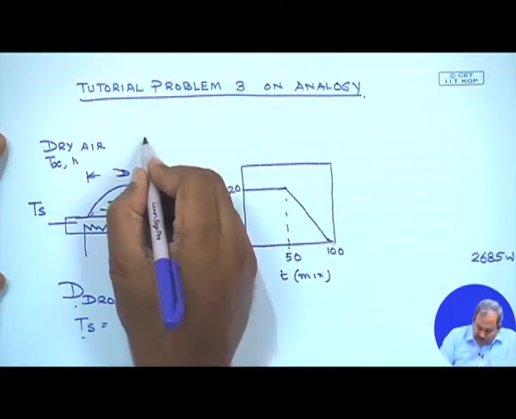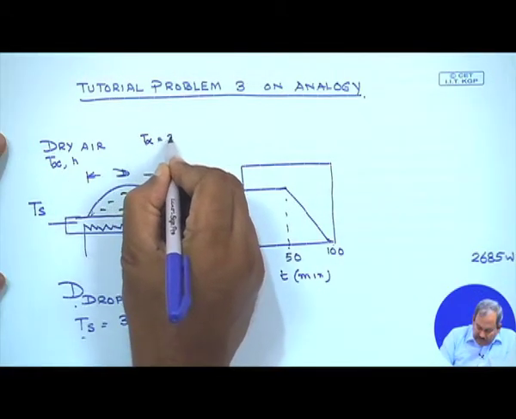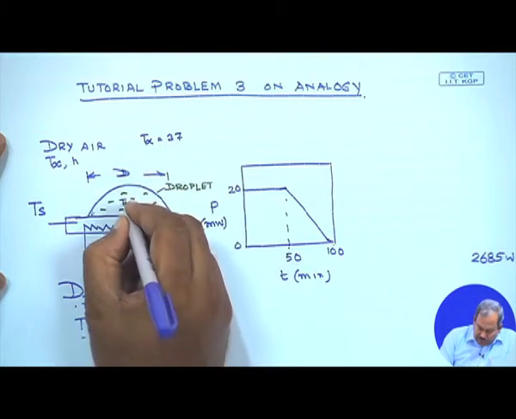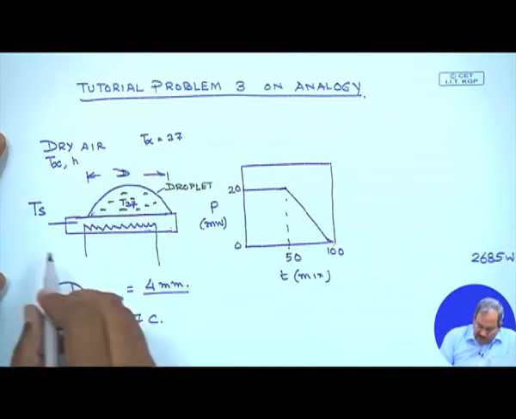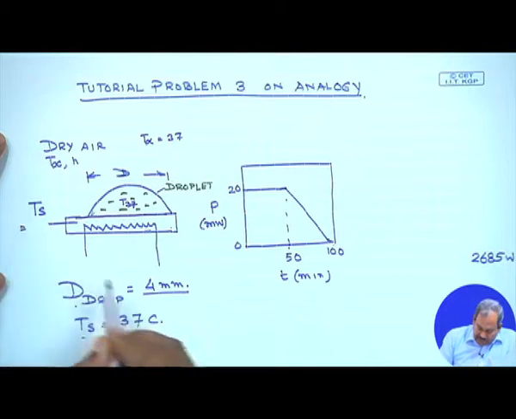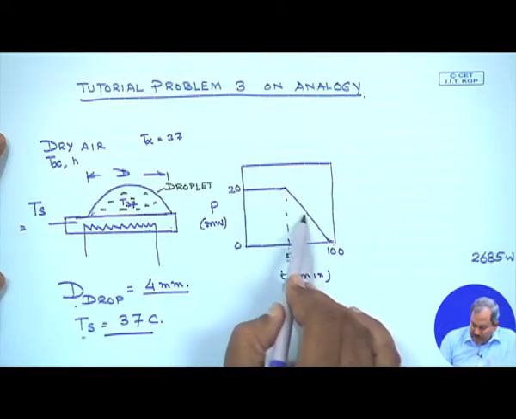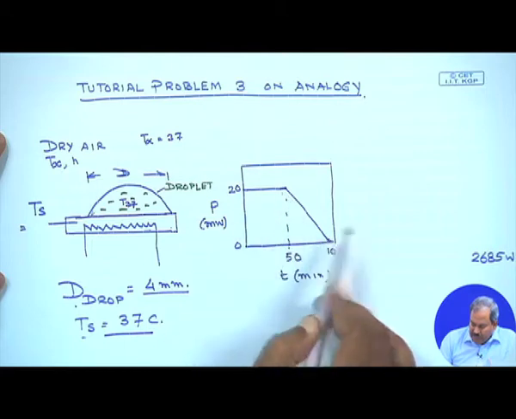So, this T infinity in this case is 37, the droplet is also at 37, and this Ts is obviously at 37, and for that condition this is the power history curve.